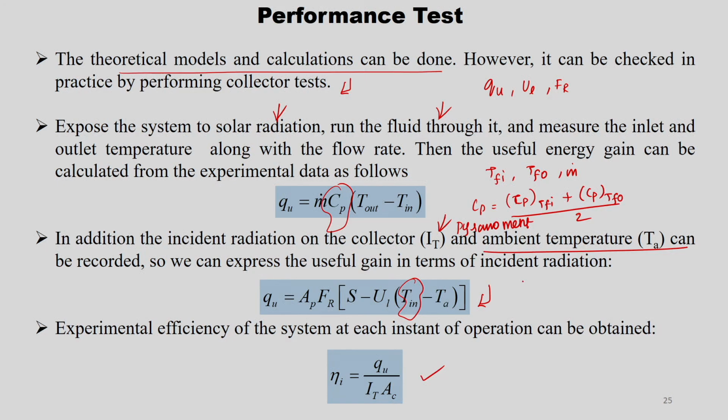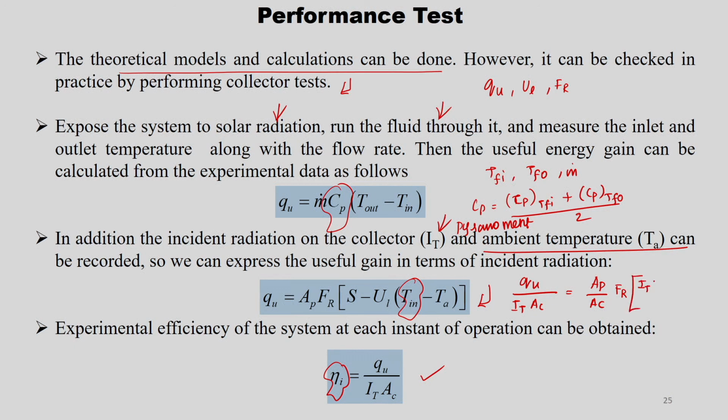If you think a little bit, I will divide Qu by IT AC, which is the instantaneous efficiency. On this side, if you divide, AP upon AC, Fr I will keep.